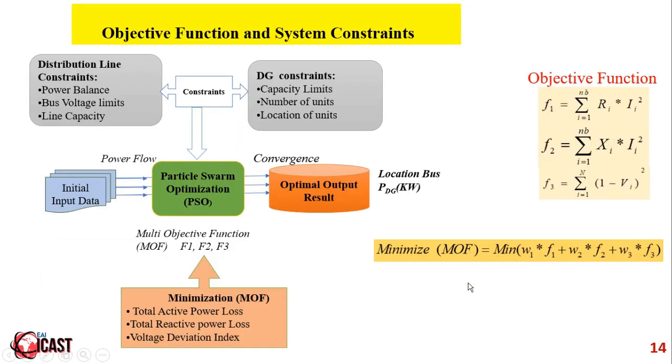And when you see the objective function and system constraint, PSO is used for optimization, and it has so many inputs: the initial input data, line data, and load data, and the objective function, which is the composition of three objective functions, and there are two types of constraints: distribution line constraint and DG constraint, and it gives the optimal output result, which is location and DG size.